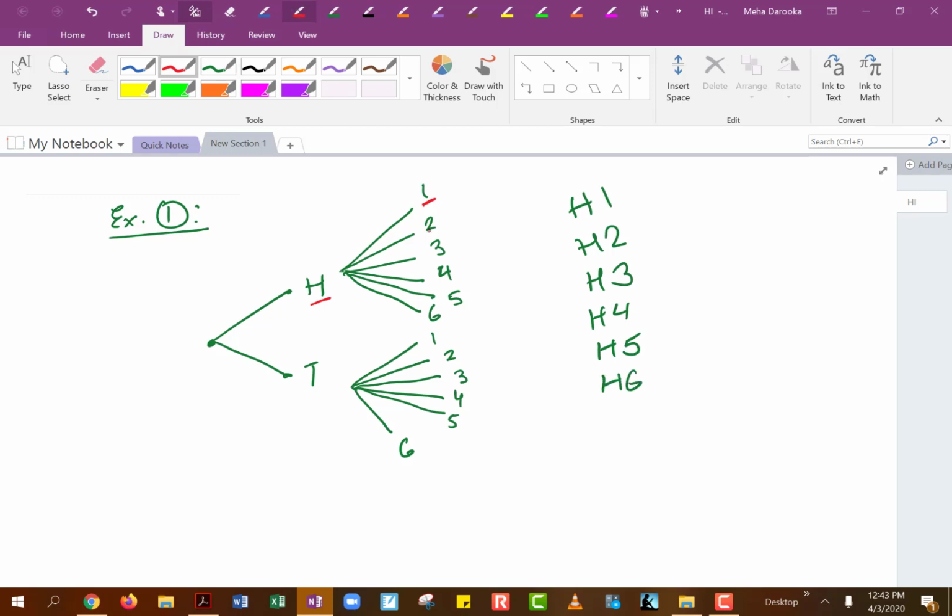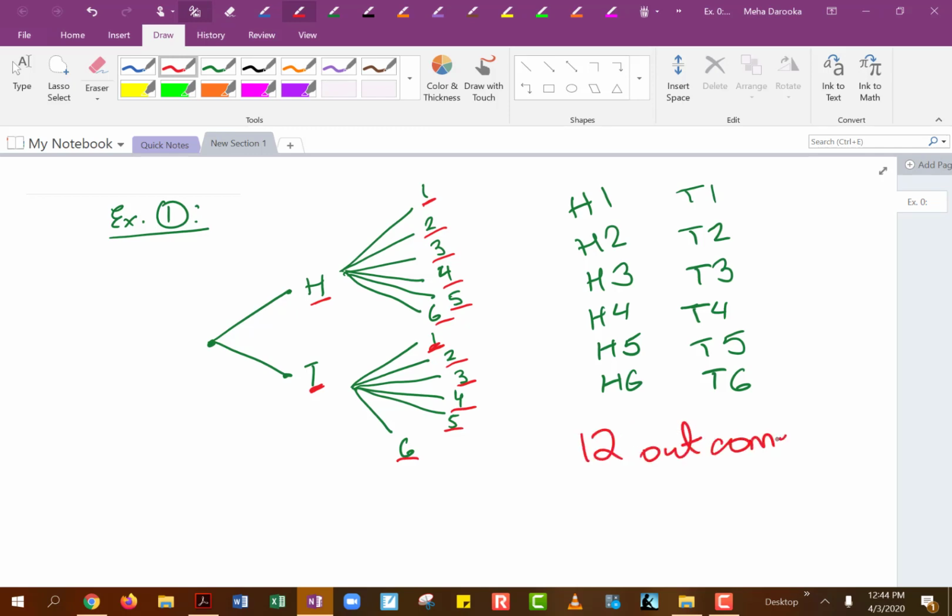Those would be going through all of these numbers here with your head. Now that we have completed all of these options, we move down to tails, and that would be tails and 1, tails and 2, and then of course you would go all the way down to tails and 6, which would include all of these options. So you can see that's going to be a total of 12 outcomes, right?